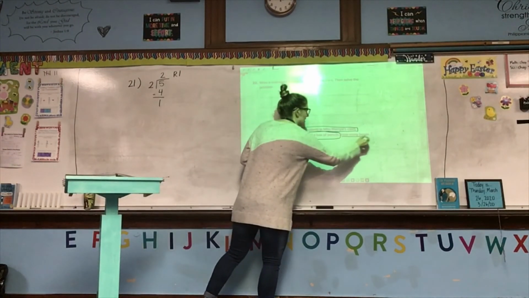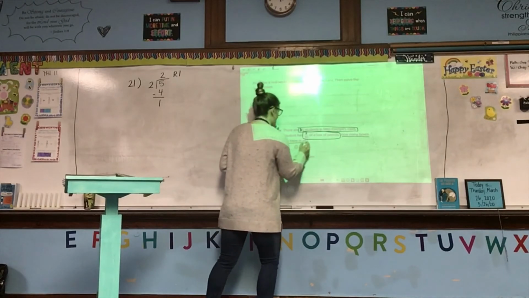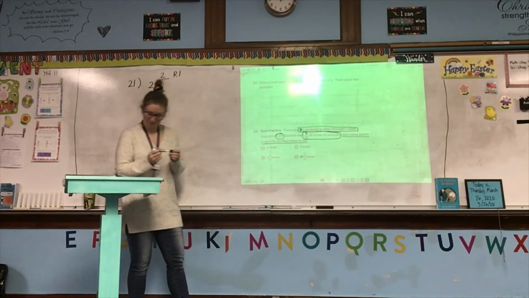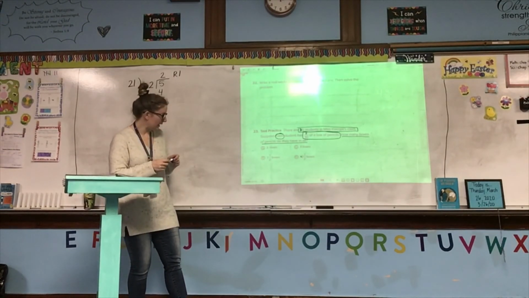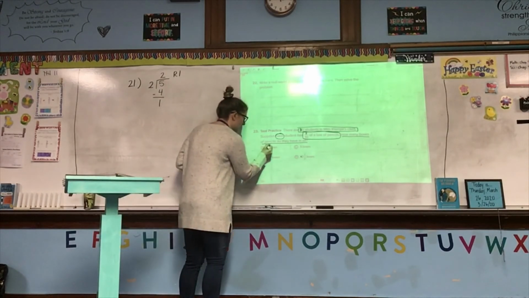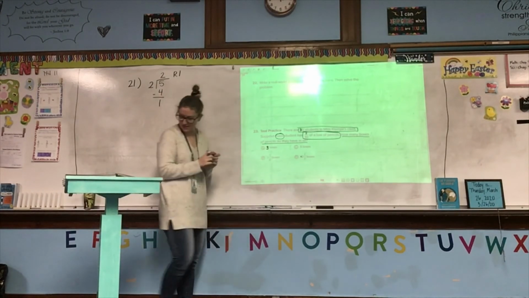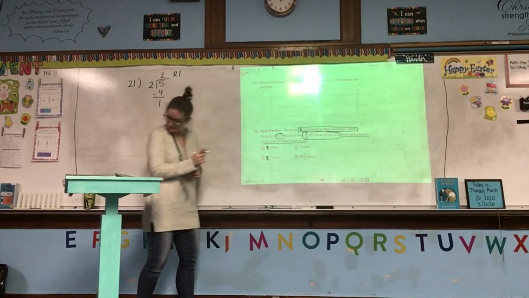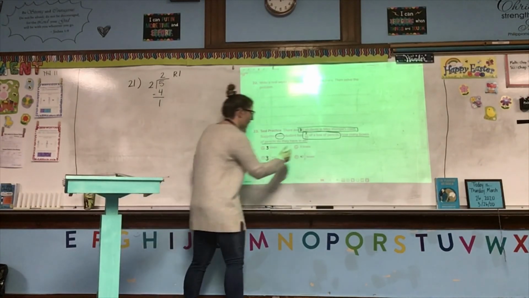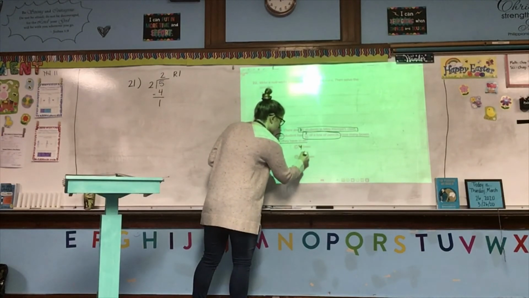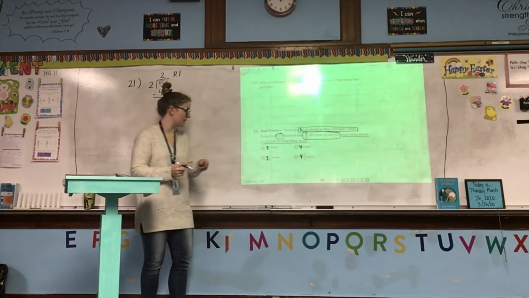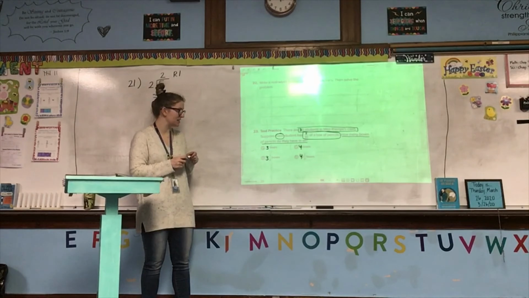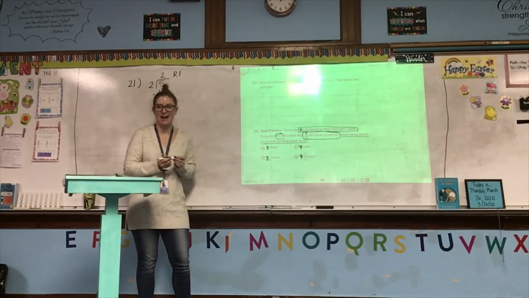How many boxes of pencils do they have in all? I have to change these because they are different in your book than they are in here. Okay, so we've got A, 3 boxes, B, 3.5 boxes, C, 4 boxes, and D, 4.5.